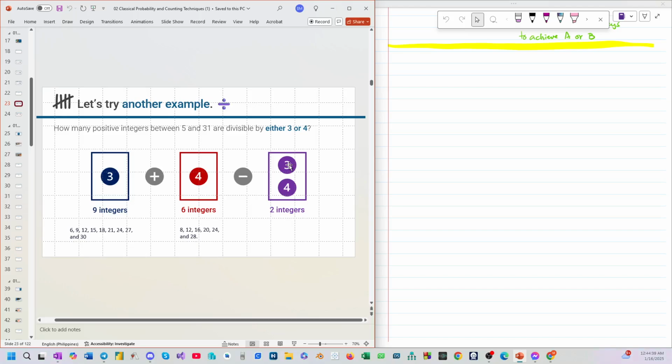Correct, so there are only two of those. So we have 13 integers divisible by 3 or 4. So we have 9 plus 6 minus 2.